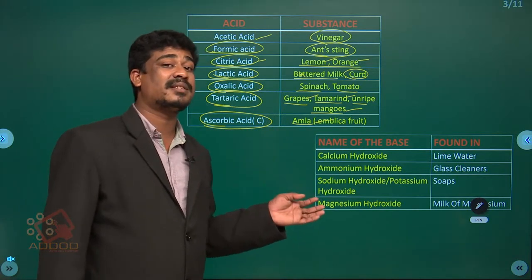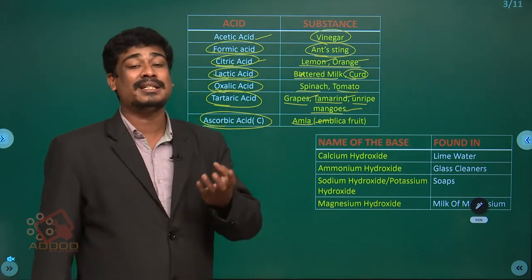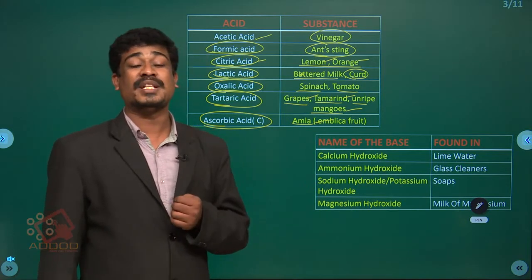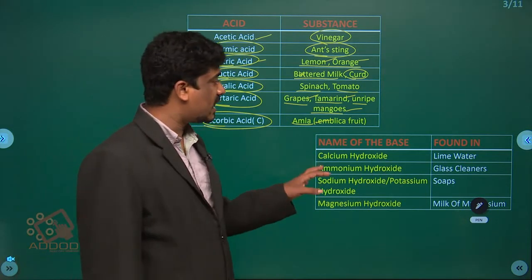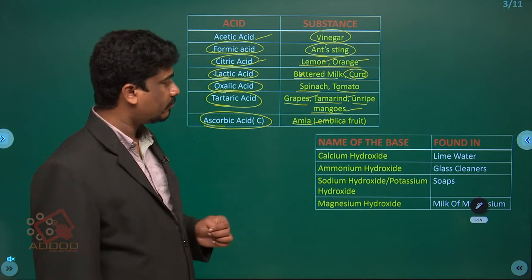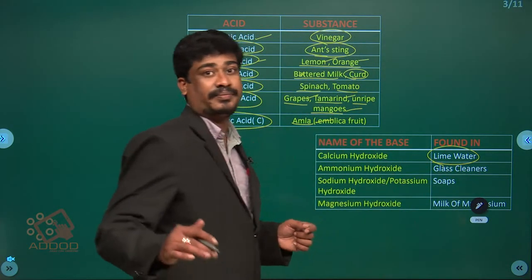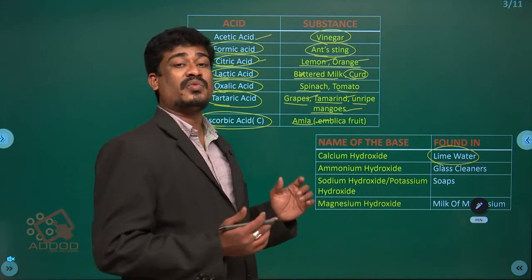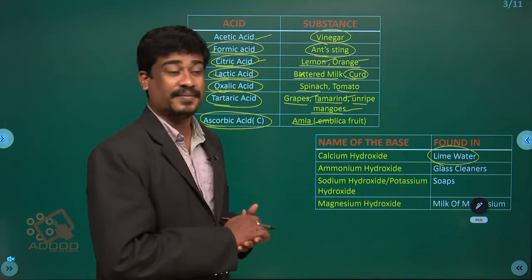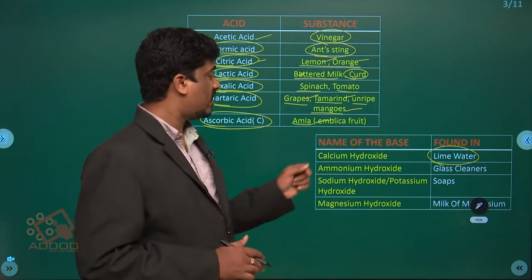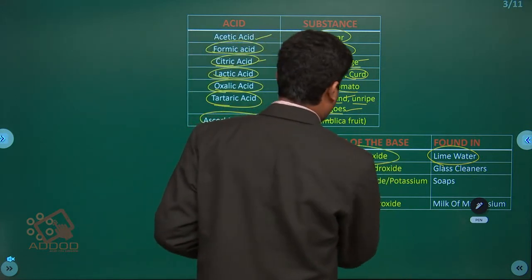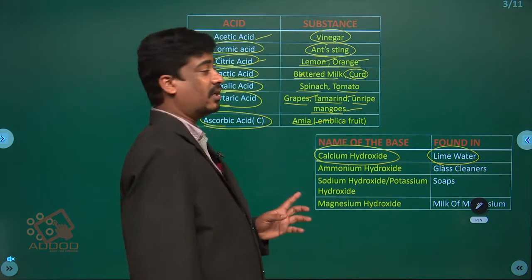Then what about bases? Are they available in our surroundings? Yes, bases are also present in certain natural substances. See, lime water, which is used to paint walls, isn't it? Lime water contains calcium hydroxide, which is basic in nature.